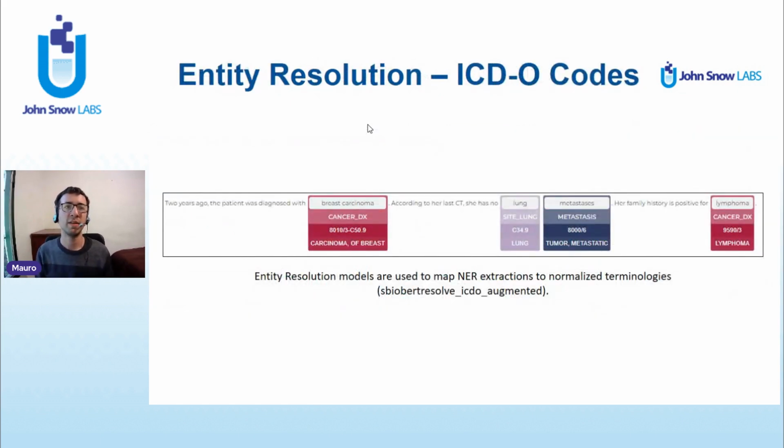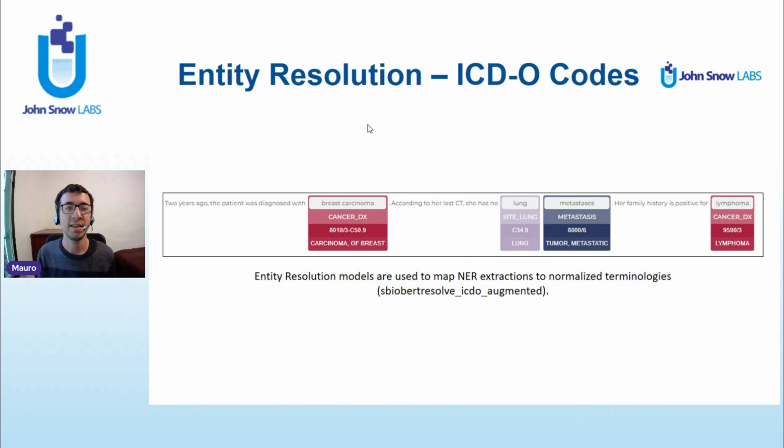Okay, so now moving on to the next type of models. Entity resolution models are used to map NER extractions to normalized terms. I'm going to show you here a model used for ICD-O codes. The name of the model is down there.